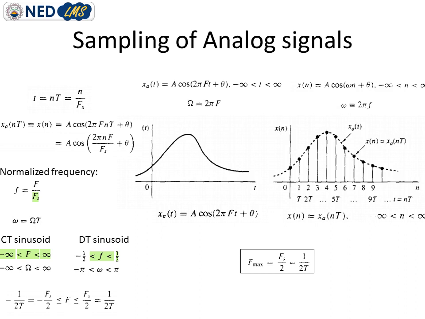In continuous time sinusoid, we use the notation capital F if the frequency is measured in hertz, or notation ohm if we want to calculate the frequency in radians per second. And for the discrete time sinusoid, we use a small f to denote the frequency, and for denoting its angular frequency we use the notation omega.